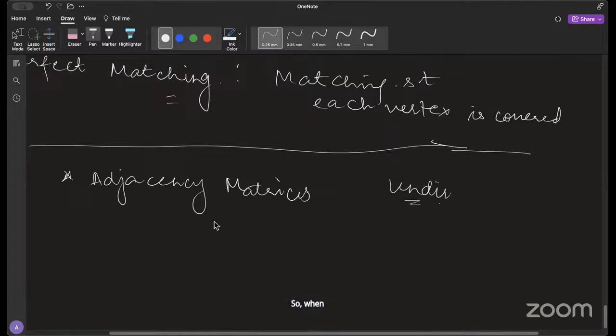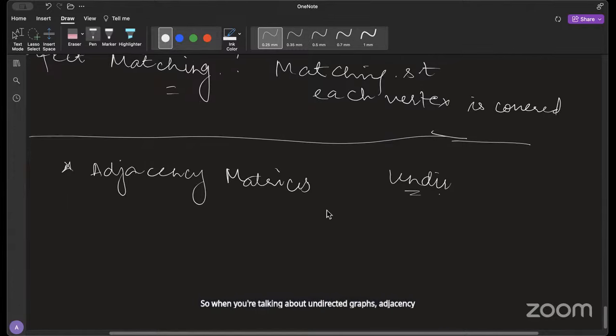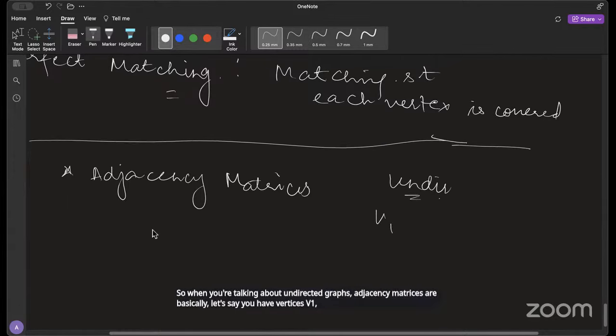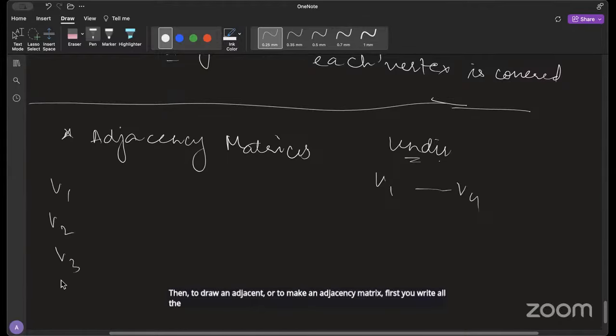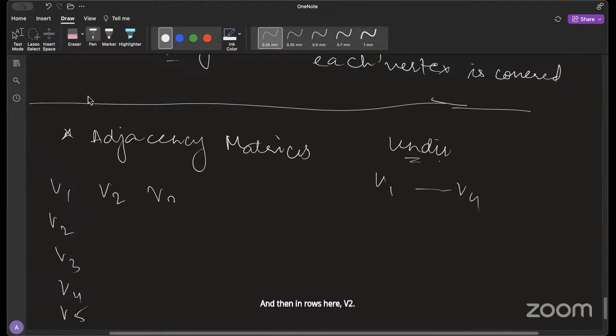When you're talking about undirected graphs, say you have vertices V1 to V5. To make an adjacency matrix, first you write all the vertices in columns and then in rows: V1, V2, V3, V4, V5.